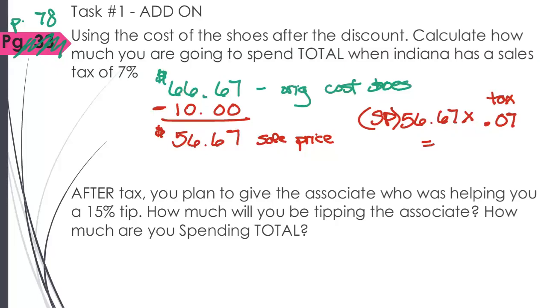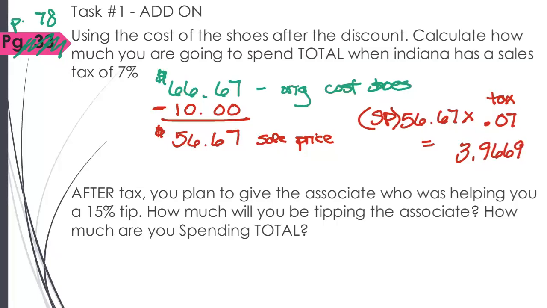Who's got that? Is that right? If I take 0.07 times $56.67, oh, you're giving me the total after. I want just the tax. 3.9669.